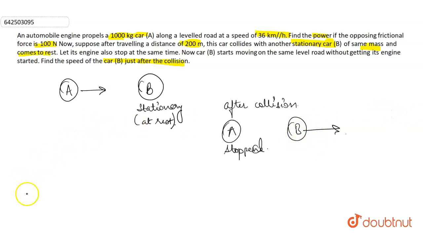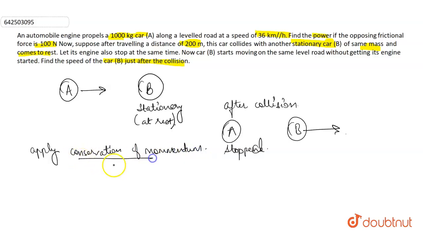So we know in this collision, this is an inelastic collision. We can apply conservation of momentum. The total momentum before collision will be equal to the total momentum after collision.